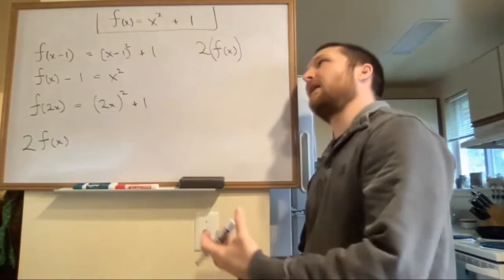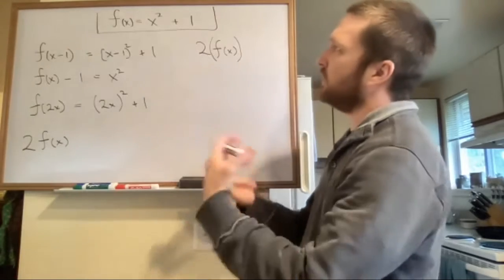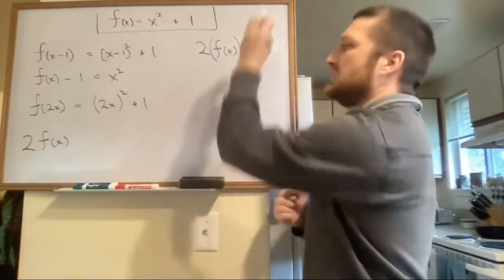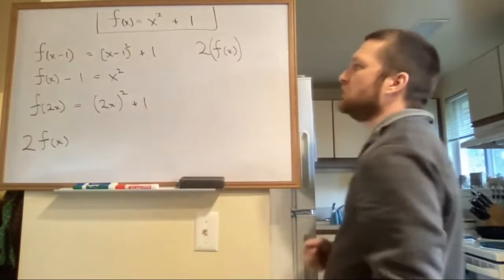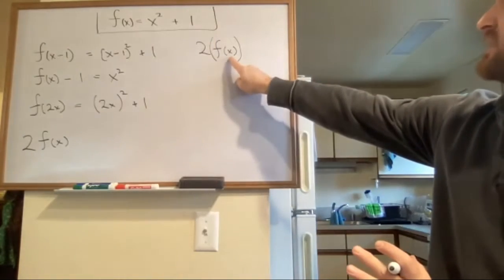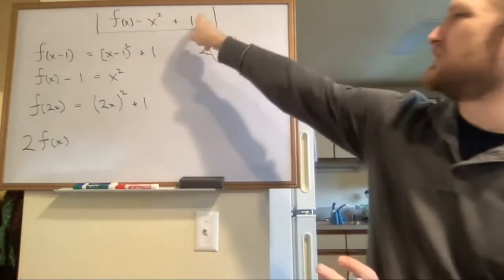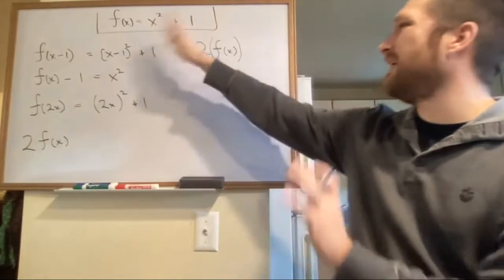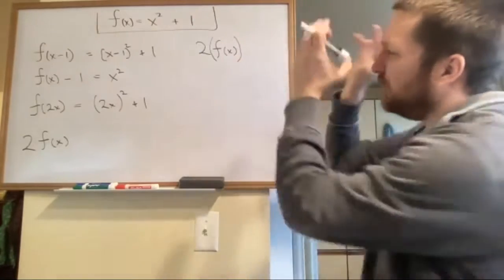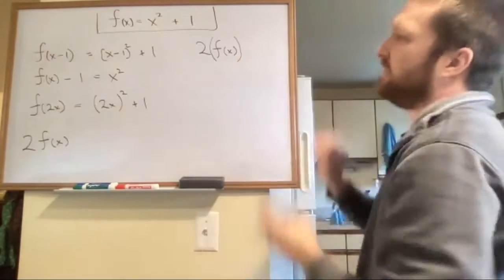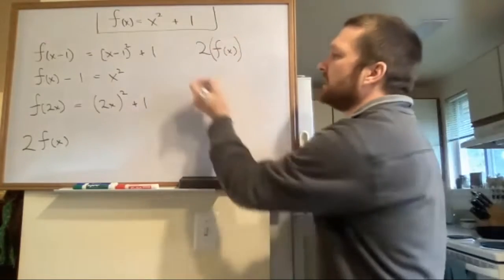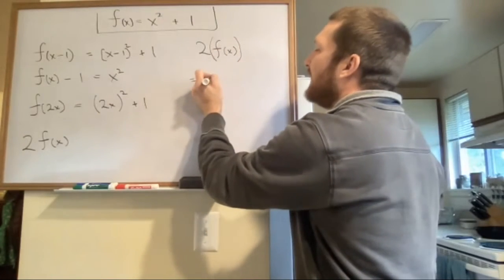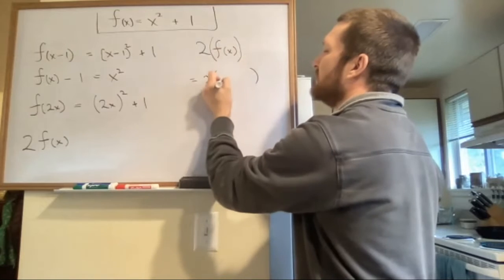You plug in a 2, you get 2 squared is 4 plus 1 is 5. It's some number, and it says to take that number and multiply it by 2. I know that f of x is kind of spread out and there's pluses in there, so I'm going to think about it in parentheses and replace the f of x with this right here.